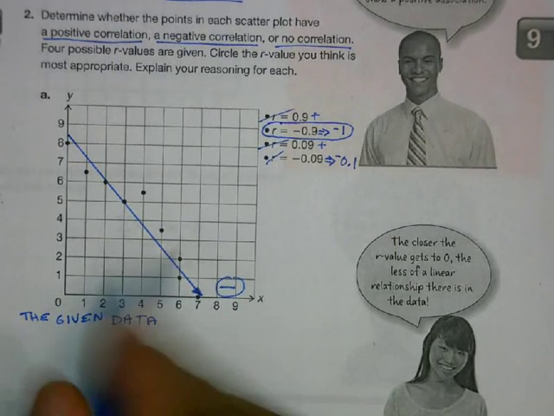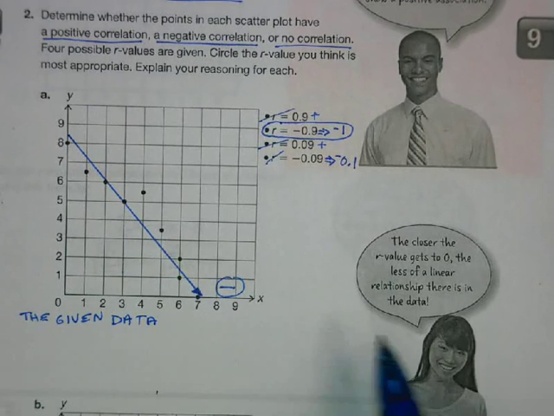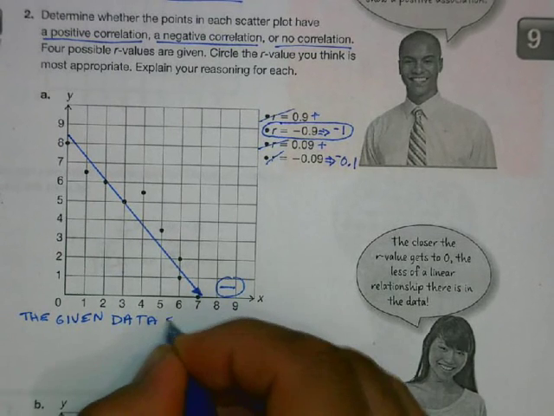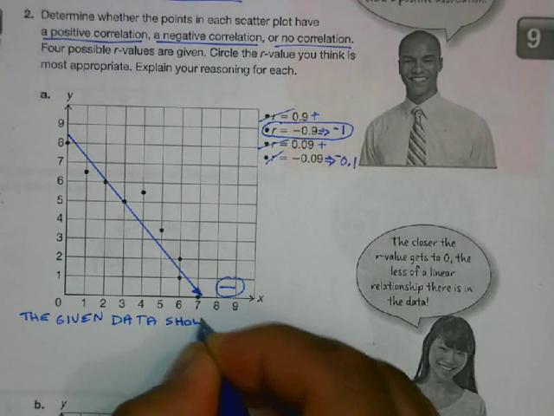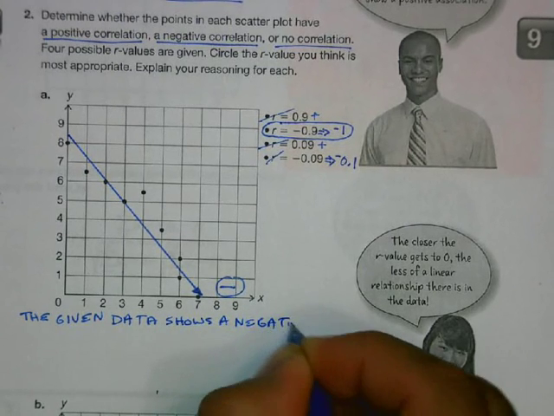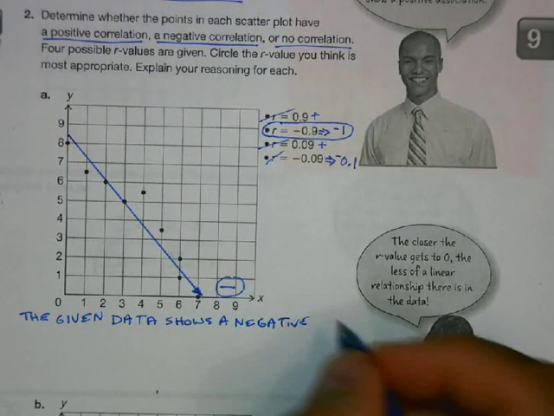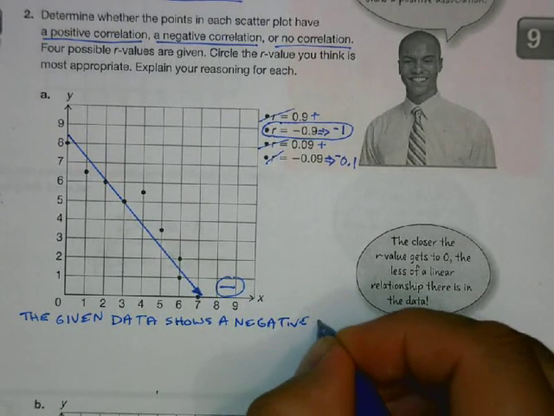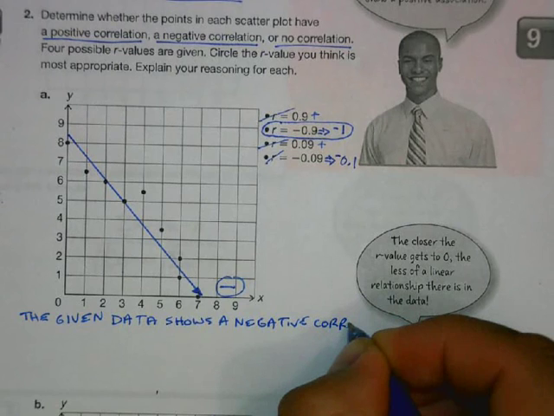And because it has a negative correlation, we could say that the R value must be negative.